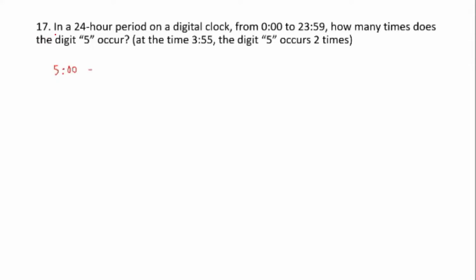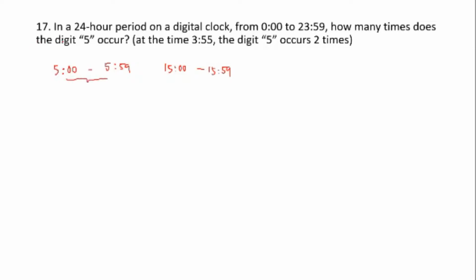to 5:59, all of these numbers have 5 in them, right? And then the next time that will show us 5 in all of the time it is showing is 15, which is 3 p.m. to 15:59. We know that from 5:00 to 5:59, there are 60 times it appears, right?